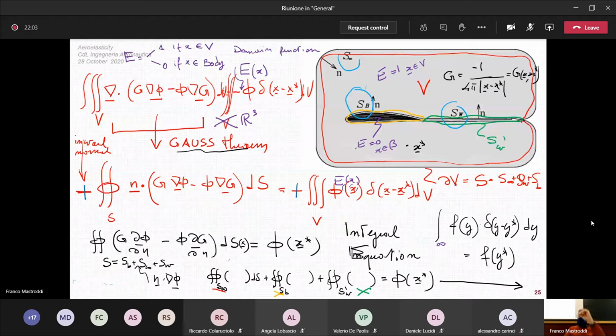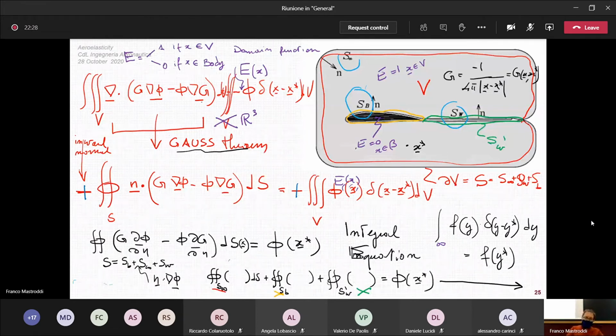When you are in the intermediate position, on the body surface, the value of this function is 1/2 if the surface point is a regular point. Regular means the surface has a unique tangent.